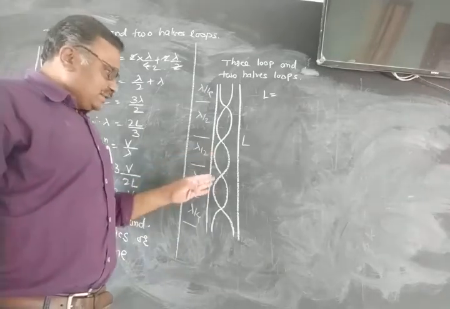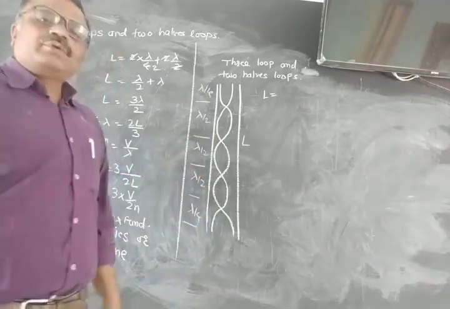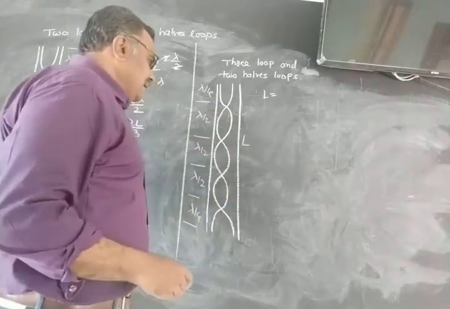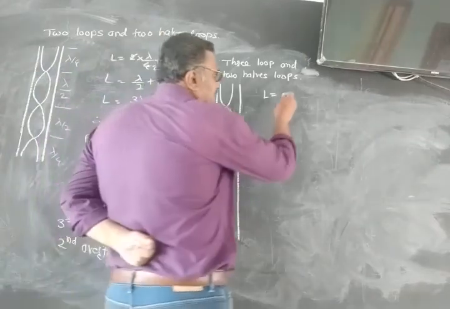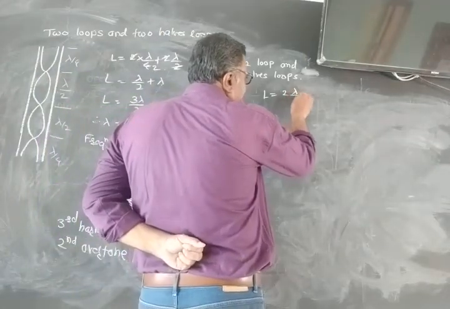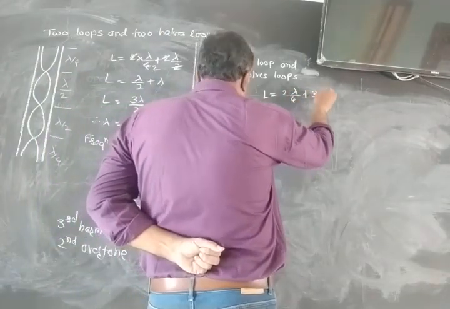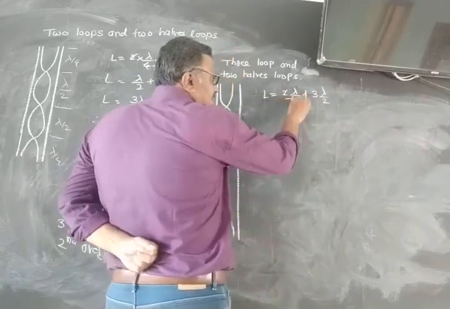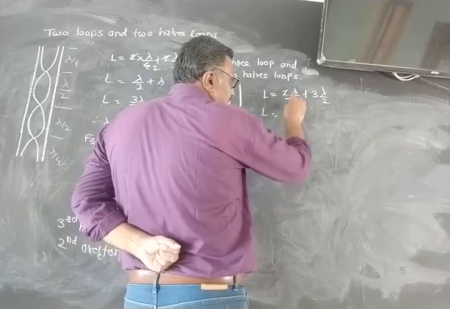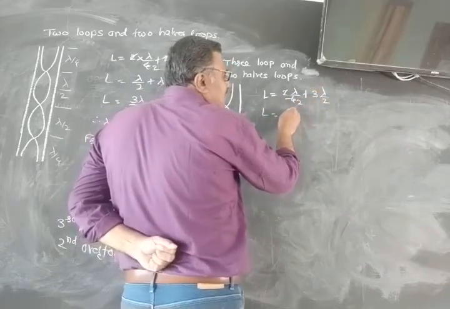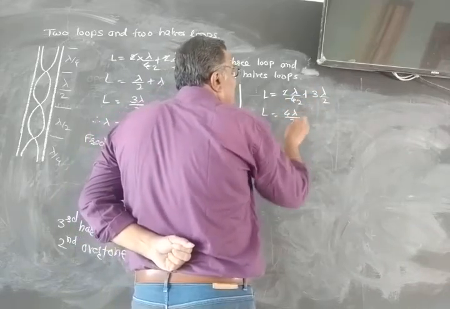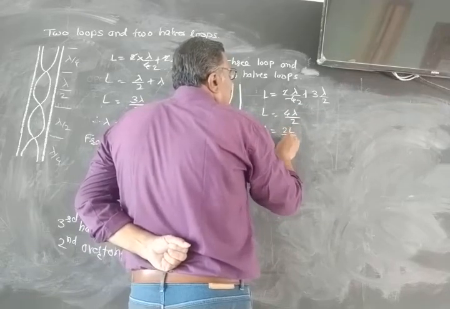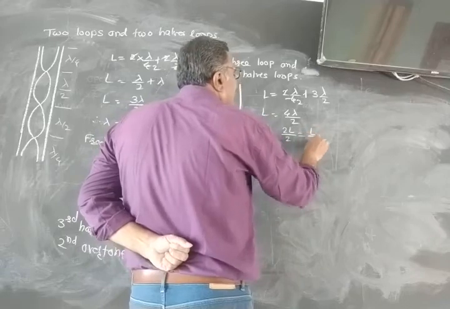Therefore, length of air column can be written as 2 times lambda by 4 plus 3 times lambda by 2. Therefore, we get lambda by 2 plus 3 lambda by 2, that is 4 lambda upon 2. Hence, we get lambda is equal to twice L upon 2, that is, L upon 2.